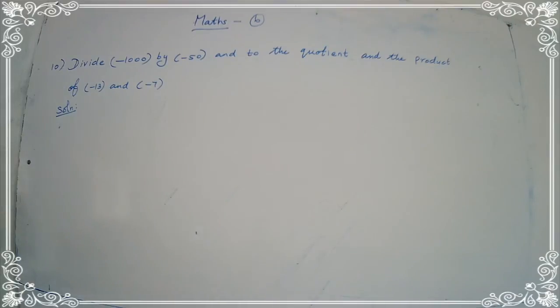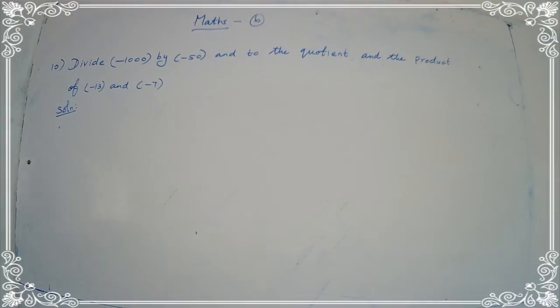Listen children, the question is: divide minus 1000 by minus 50 and to the quotient add the product of minus 13 and minus 7.